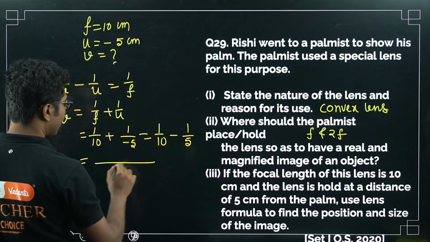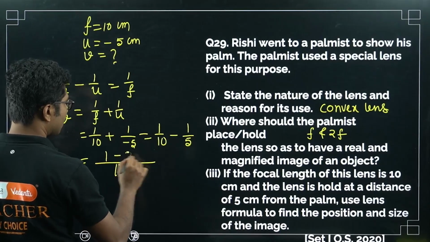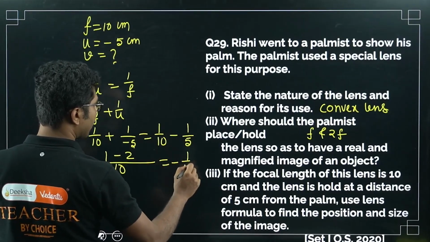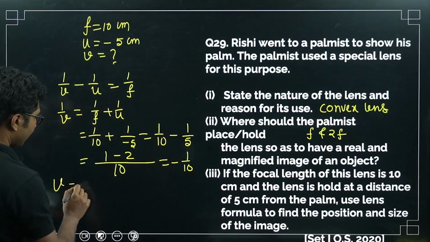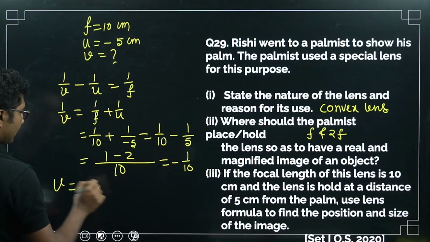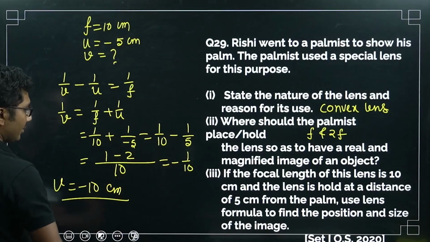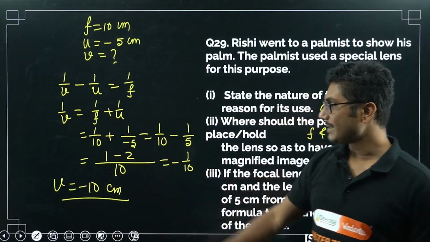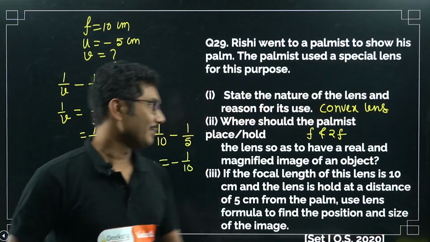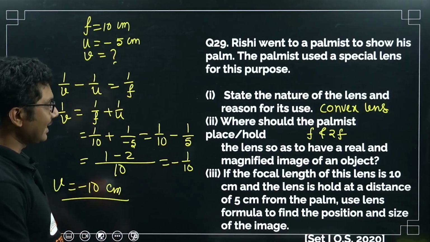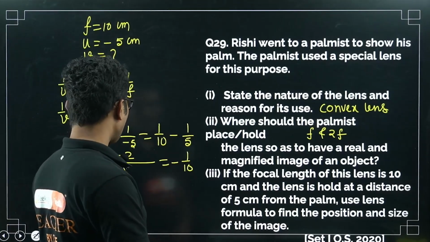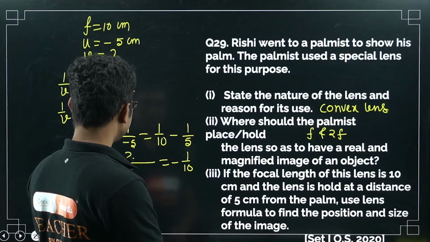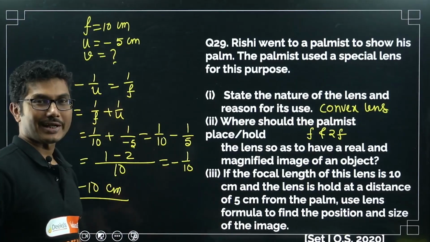So 10 is the LCM, 1 minus 2, so minus 1 by 10. So v will be minus 10 centimeter. So you will observe an image forming at minus 10 centimeter from the lens, right? Easy. That is on the same side as the object.